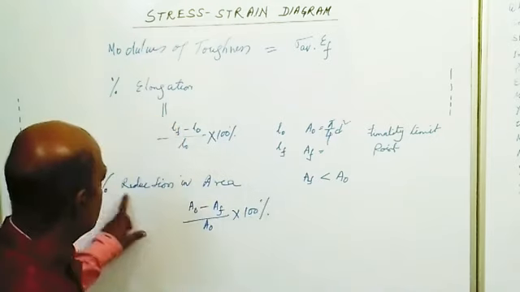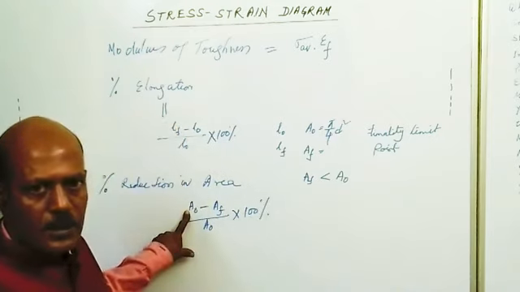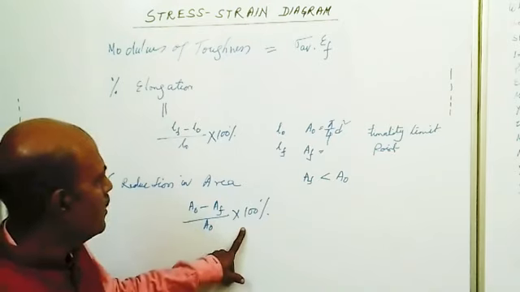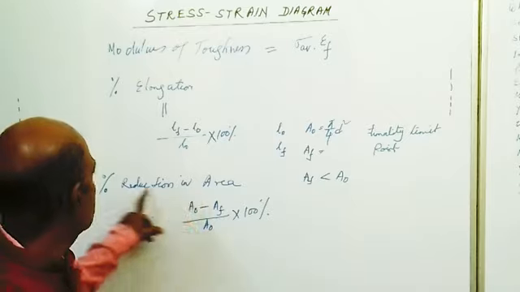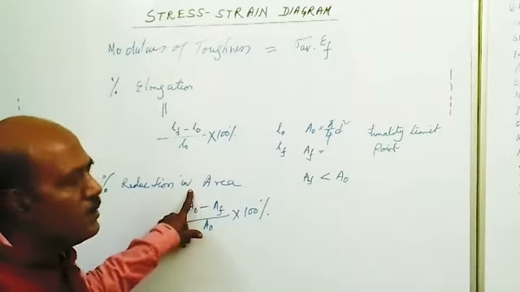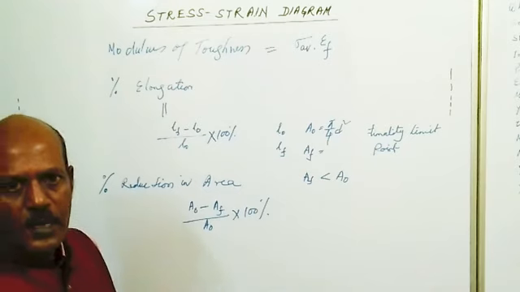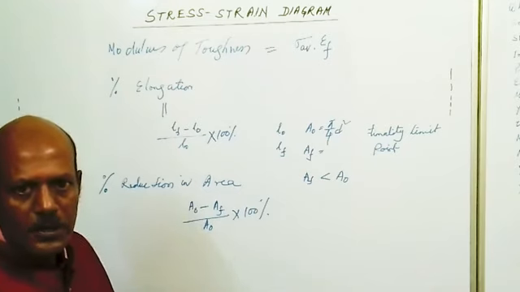So the definition: change in cross sectional area per unit cross sectional area expressed as percentage is called percentage reduction in area. These two terms are very useful for measuring whether a body is ductile or brittle.